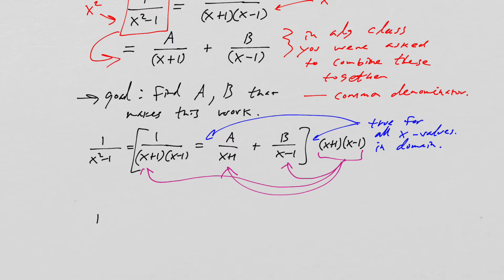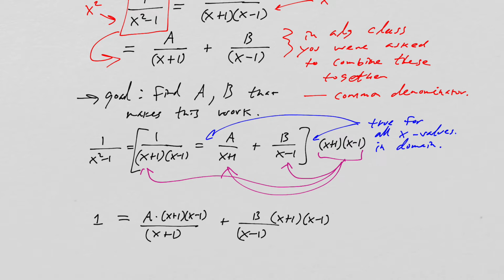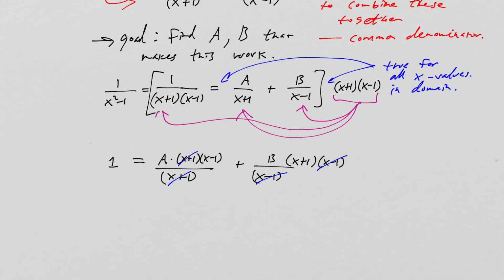We end up with 1 is equal to a times x plus 1 times x minus 1 all over x plus 1, plus b over x minus 1 times x plus 1 times x minus 1. Now, clearly, we can cancel those, and we can cancel those there. And on the other side, they both cancel as well. I didn't do that side, but I hope you caught that.